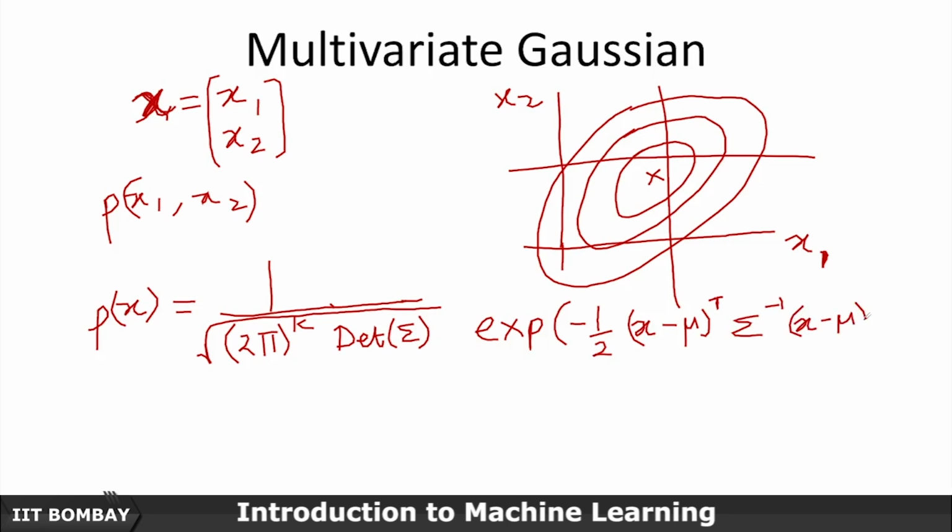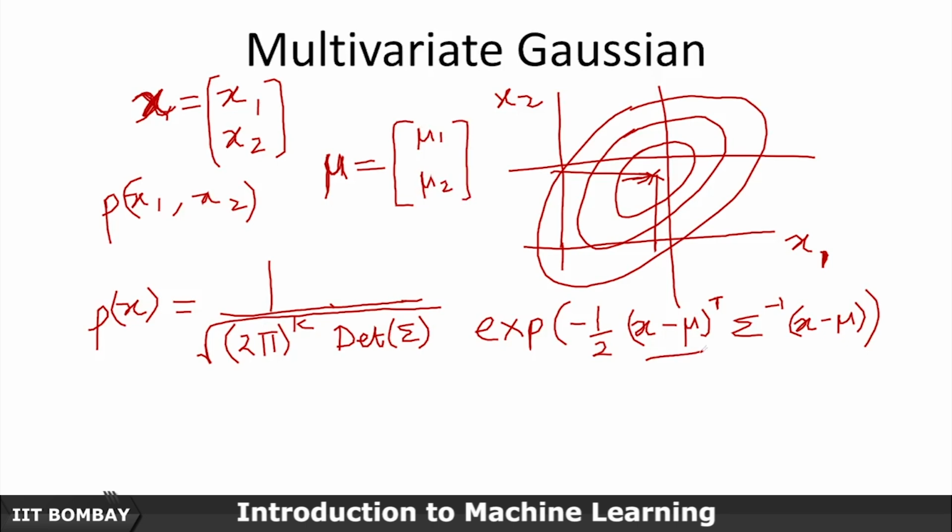So, what is this mu? What is this sigma? Okay. So, mu itself you can see needs a mu1 and a mu2. So, mu itself is a vector which is represented by mu1 and mu2, or mu1, mu2, mu3 up to mu k.